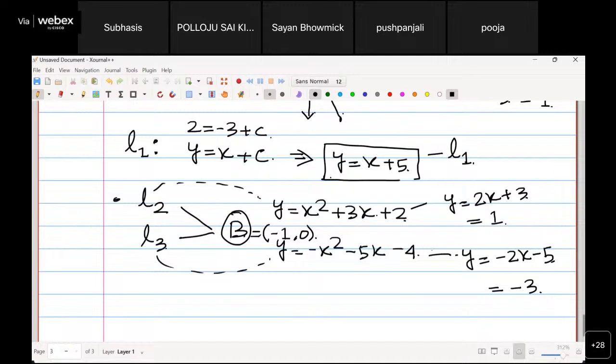So the equation of L2, where the slope is 1: y equals mx plus c, so y equals x plus c.